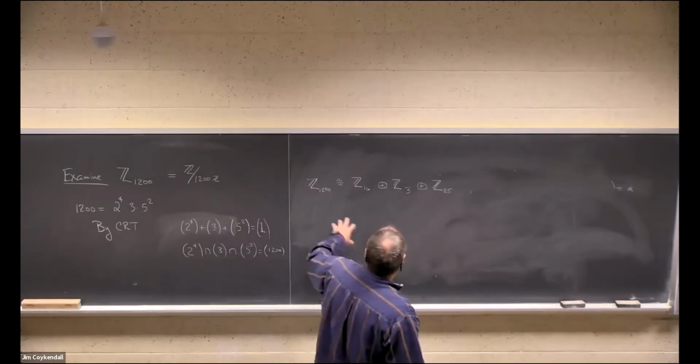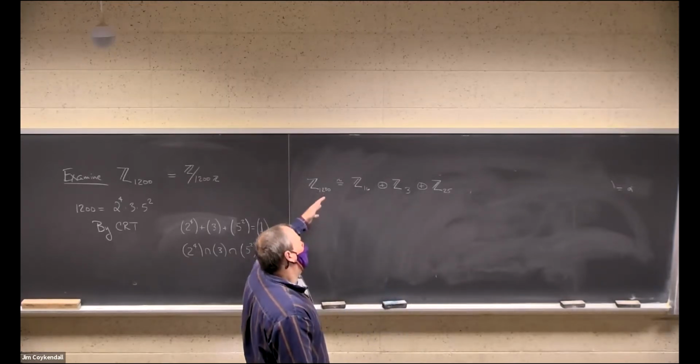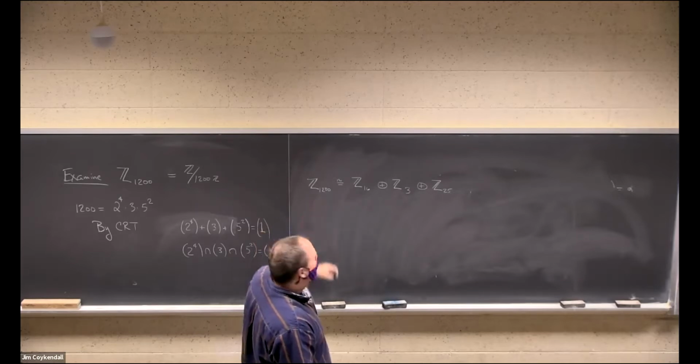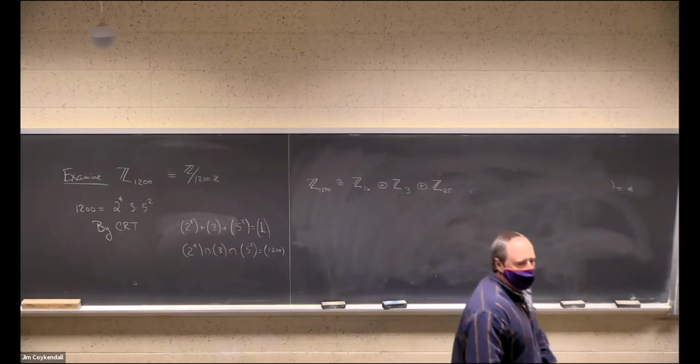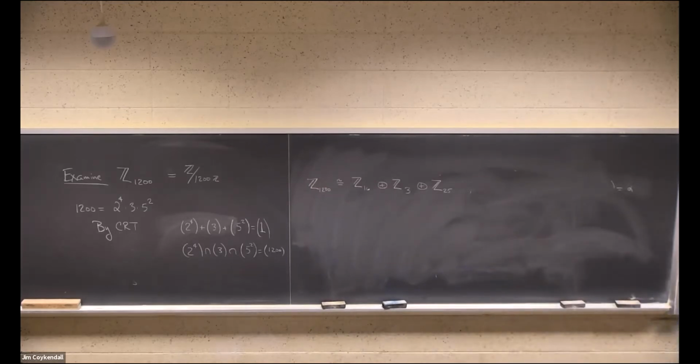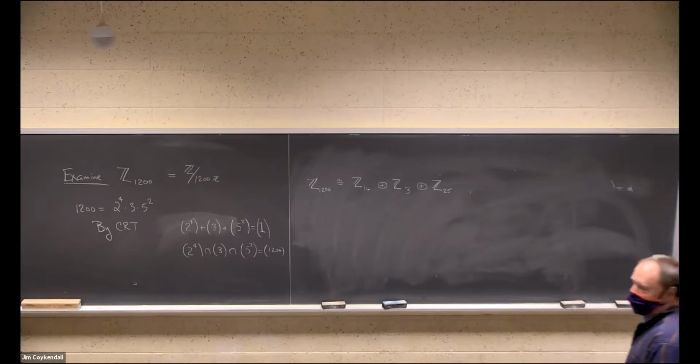And so if I asked you to do something like count the units, well, think about it this way. Counting units in Z mod 1200 is a rather daunting task because you have to go through the first 1200 integers and pick out which ones are relatively prime to 1200. It's obnoxious.